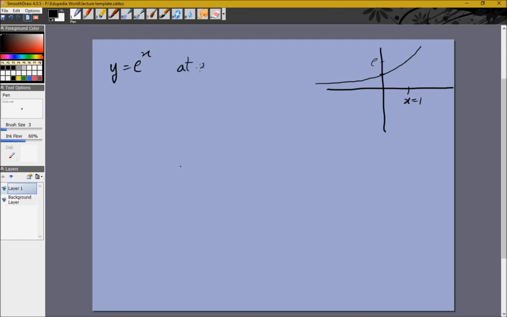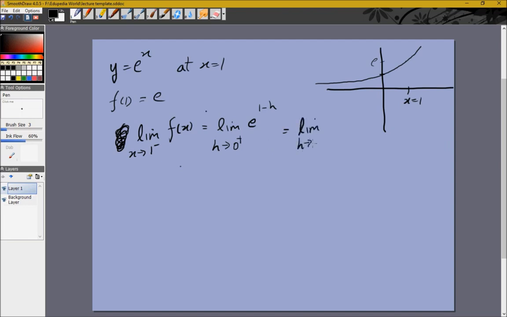We need this at x = 1. So first of all, f(1) is equal to e. What is the limit as x goes to 1 minus of f(x)? That will be the limit as h goes to 0 plus, we'll put 1 − h, so e to the power 1 − h, which is the limit as h goes to 0 plus of e divided by e to the power h.